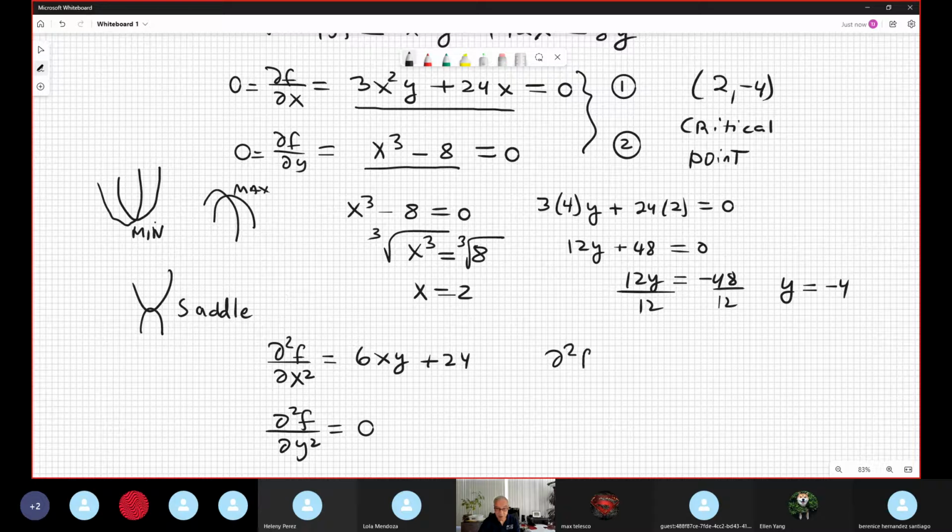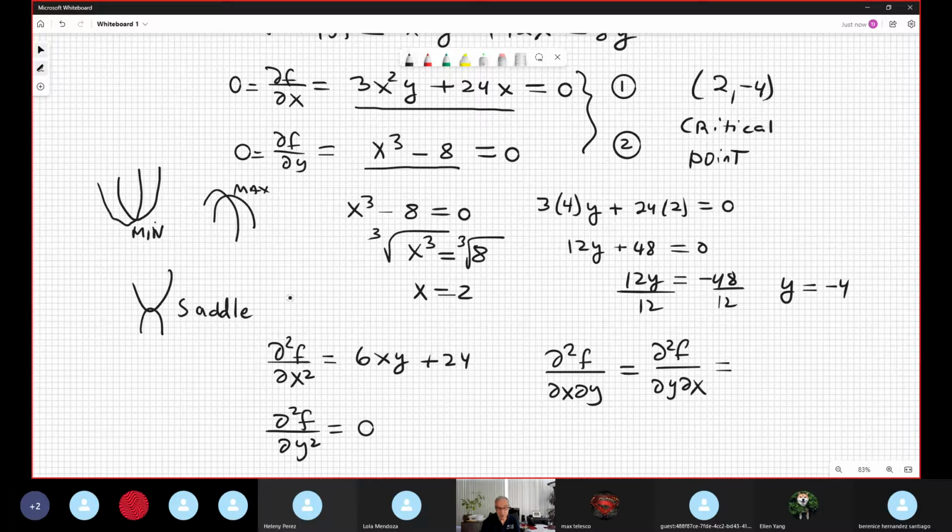And the partial derivative of f with respect to x first and y second. By the way, it's exactly the same as the partial derivative of f with respect to y first and x second.